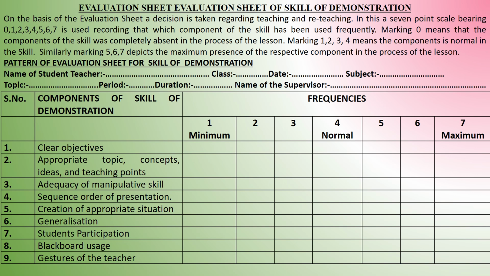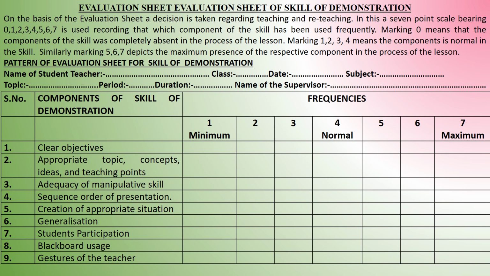Marking 0 means that the component of the skill was completely absent in the process of teaching. Marking 1, 2, 3, 4 means that the component is normal in the skill of micro teaching. Similarly, 5, 6, 7 depicts the maximum presence of the respective component in the process of teaching.